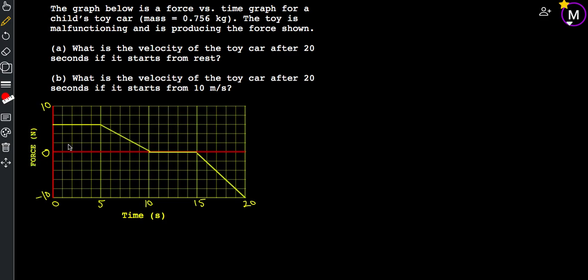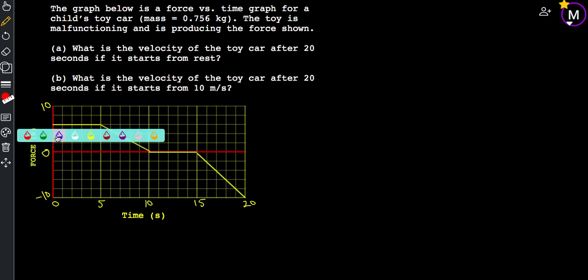But actually here the force is not constant. So we have to consider force times time, that is momentum, separately. Let us analyze this.